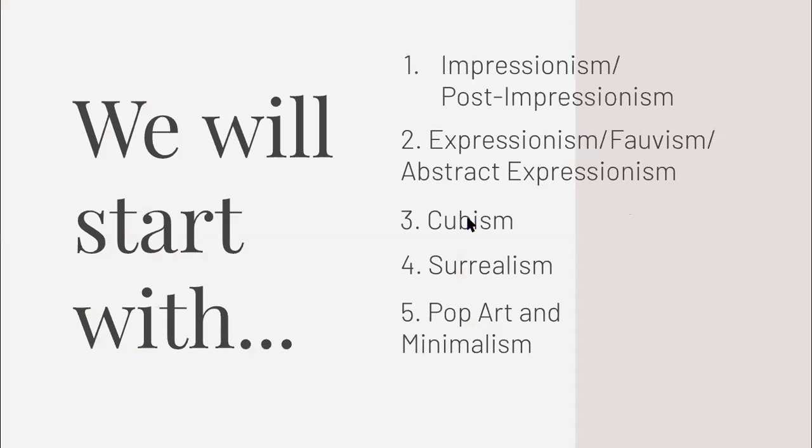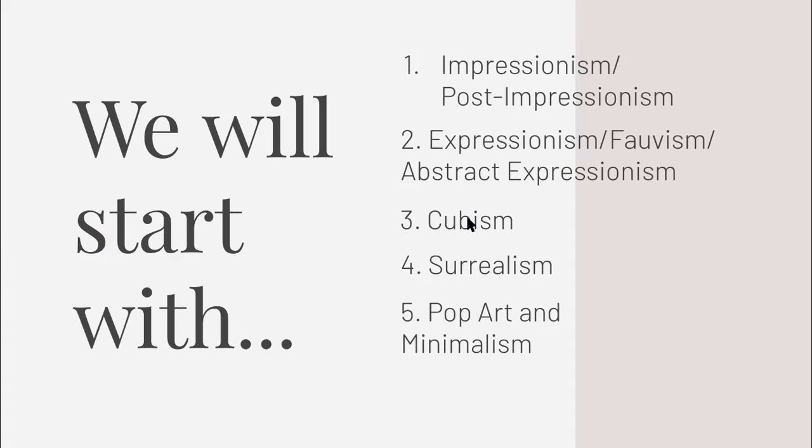So for art history, we're basically going to be touching upon the different styles that emerged during the modern art era. The first style that emerged, which we're going to be talking about today, is Impressionism and Post-Impressionism. The other styles we're going to dedicate to each day of the week.